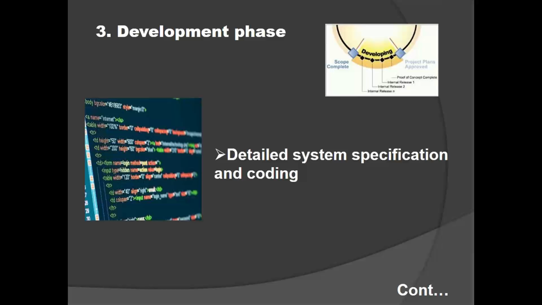Okay. So the time taken for the development depends upon the size of the project and the size of the team. For example, if the size of the project is small and the development team size is big, then we will complete it within a short period of time.